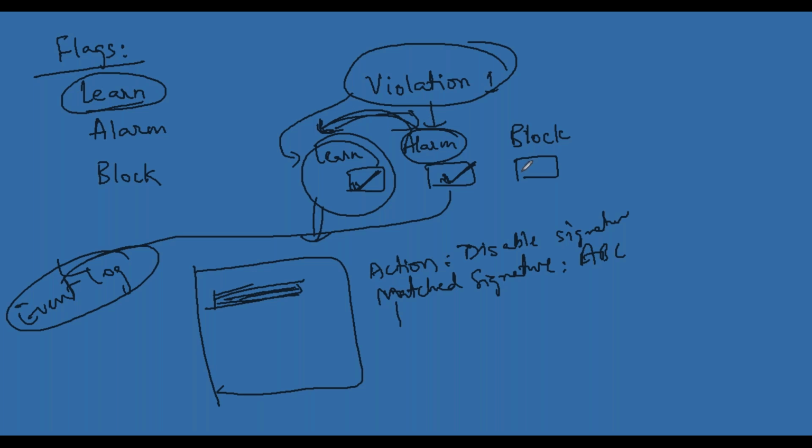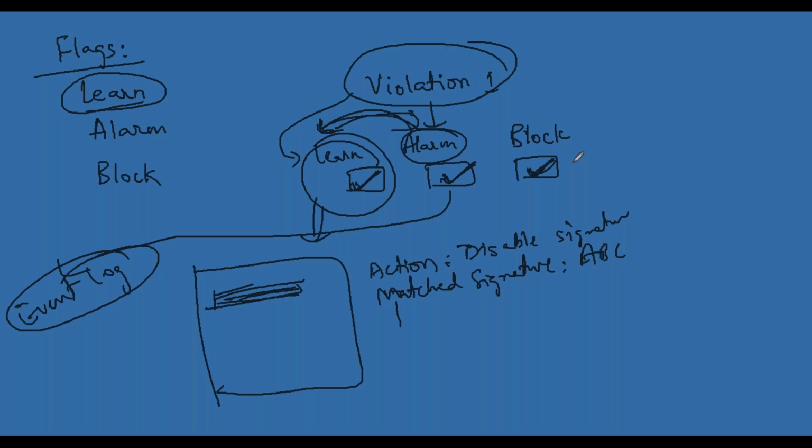And with respect to that violation, you also have a block flag enabled, and the security policy is in blocking mode. For any policy to block a specific request, it is mandatory that the policy has to be in blocking mode, and for the violation which is being triggered, the block flag has to be enabled.